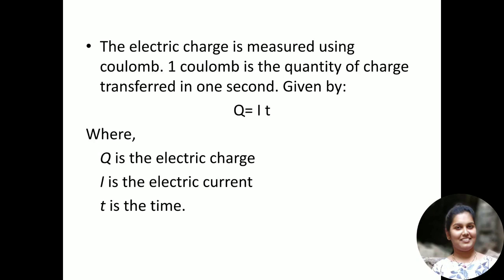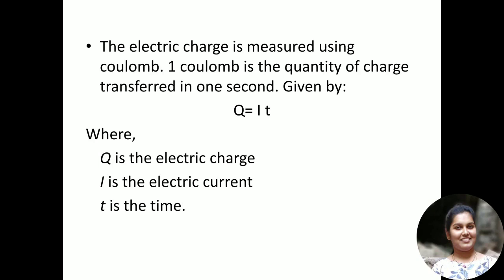The electric charge is measured using the Coulomb. 1 Coulomb is the quantity of charge that is transferred in 1 second. That is, in a time of 1 second, how much quantity of charge is being transferred is measured with a unit called Coulomb. This Coulomb is the unit for electrical charge.